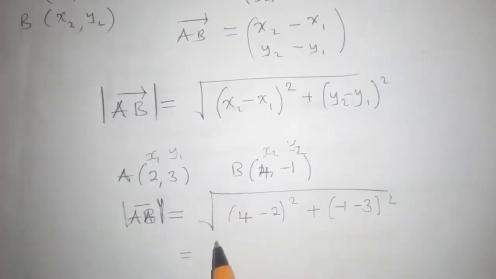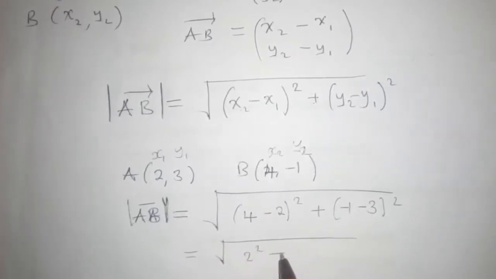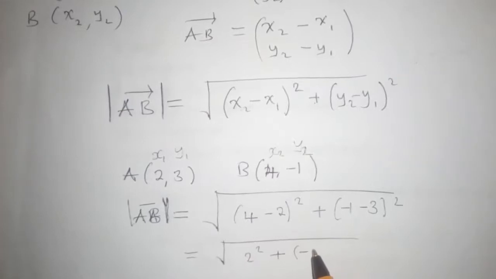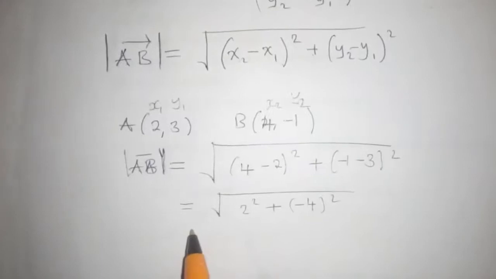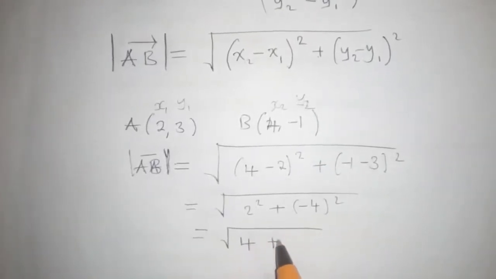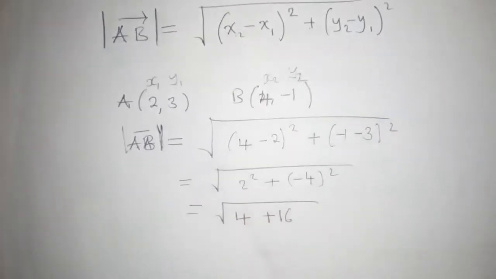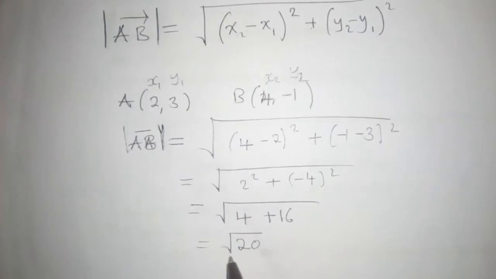So now you can work out things here. When we solve here, we have 2 squared plus (-4) to the power 2. So when we solve nicely, here we have 4 plus 16. Okay, so when we solve, we have root of 20.